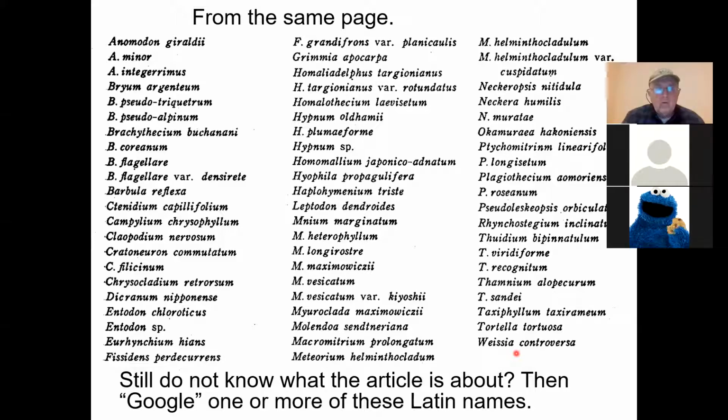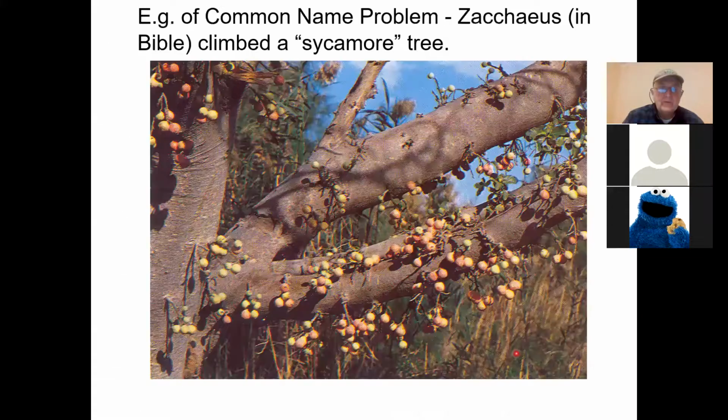But if you Google one or more of those names, pretty soon you'd realize, number one, they were mosses, and number two, they're all talking about calciphiles, plants that thrive on calcium. So the scientific name helped you figure out what's going on, even though you couldn't read Japanese. If you saw these Latin names, you'd at least have an idea of what it's about.